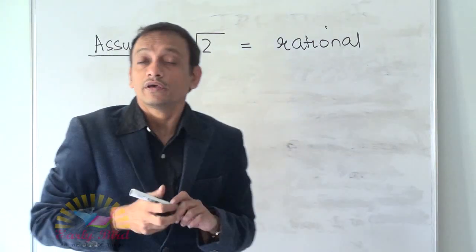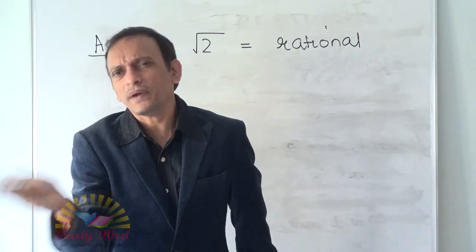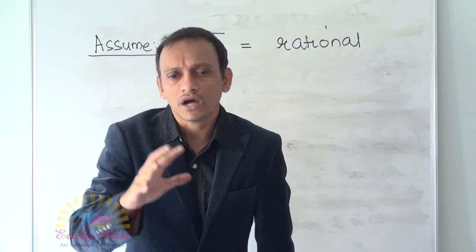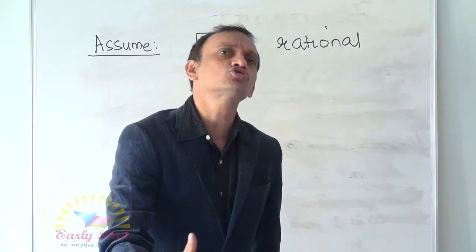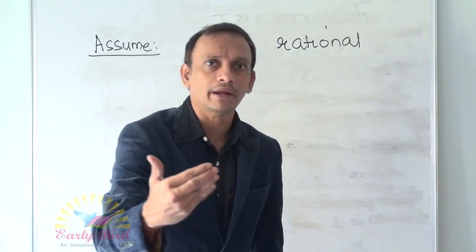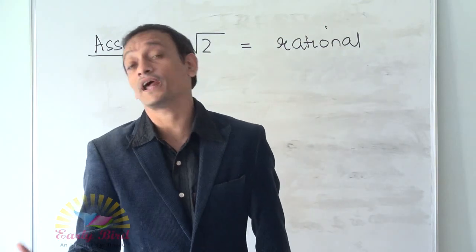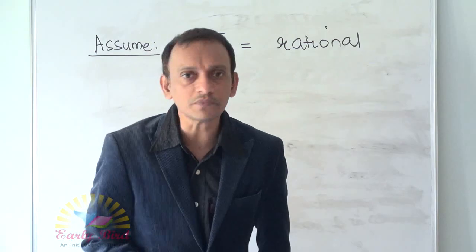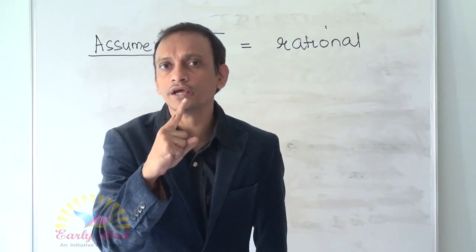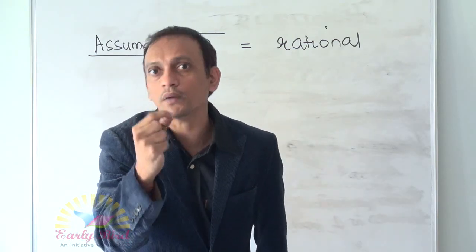Now, the moment I assume something, and based on that assumption, I carry out a set of things, if it eventually leads to a result which is good and looks fair, then I can assume that my assumption has been correct. But if the assumption is wrong, then down the line, that assumption will show off.